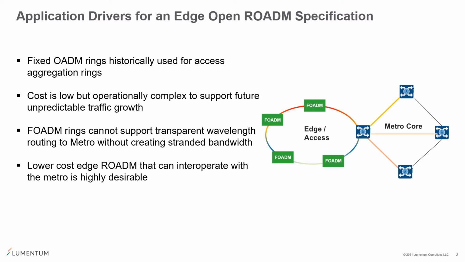A FOADM-based ring cannot support transparent wavelength routing to the metro without creating stranded bandwidth. Now, these 2 points do make a strong case for a lower cost edge ROADM that is transparently able to interact with the metro core.